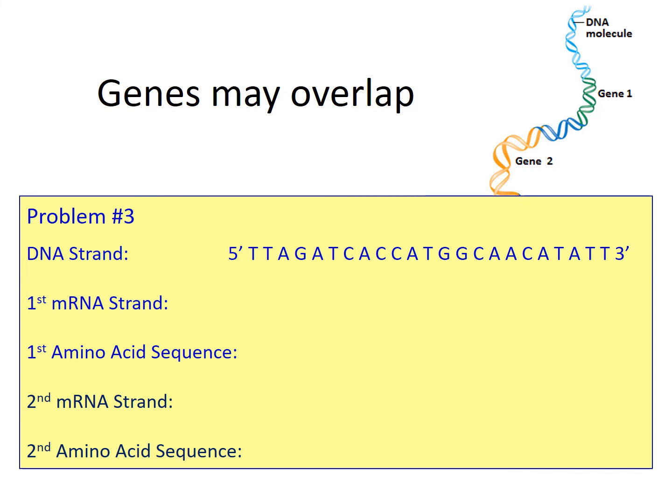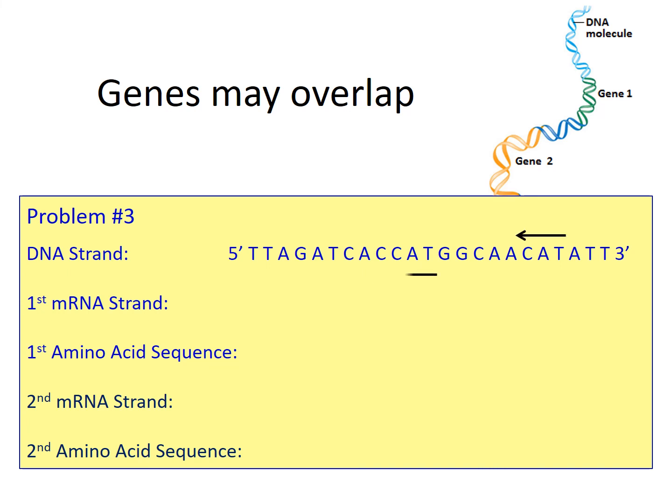But each reading frame can produce its own mRNA strand. Reading frames may overlap one another, so you worry about them one at a time. You find the 3' TAC, and then you find the next 3' TAC and start the process over again.